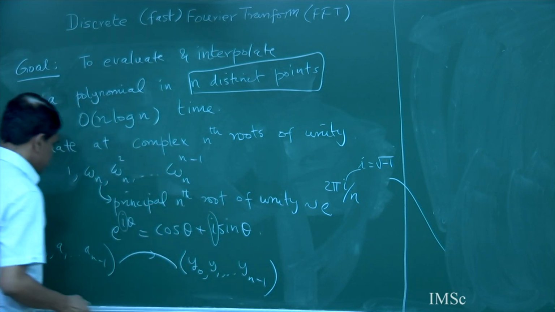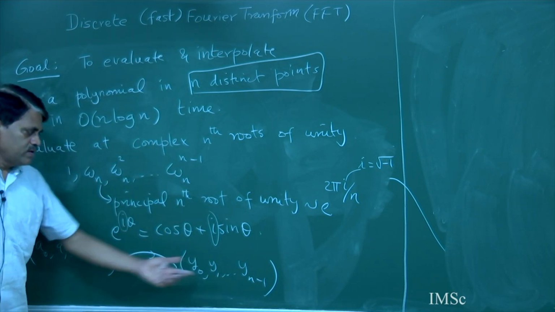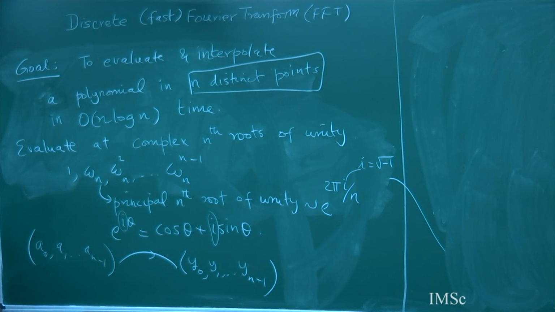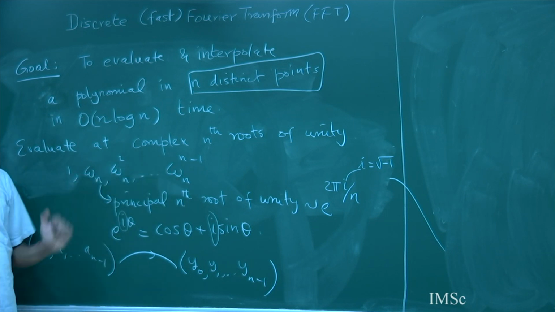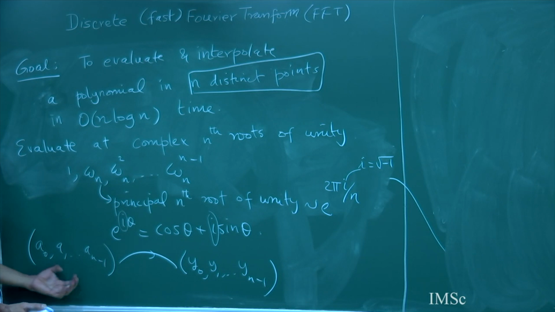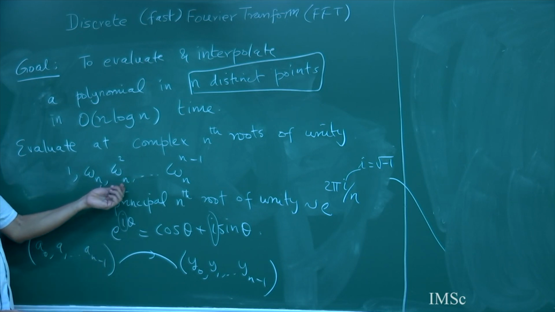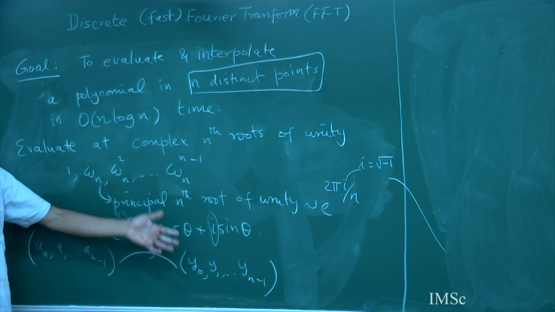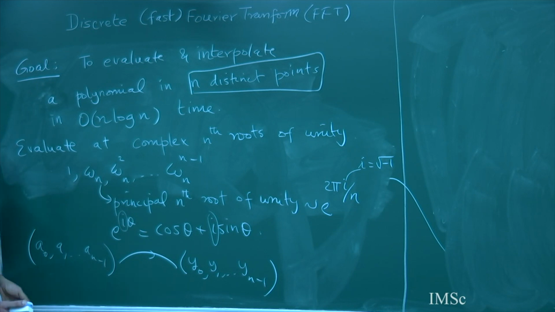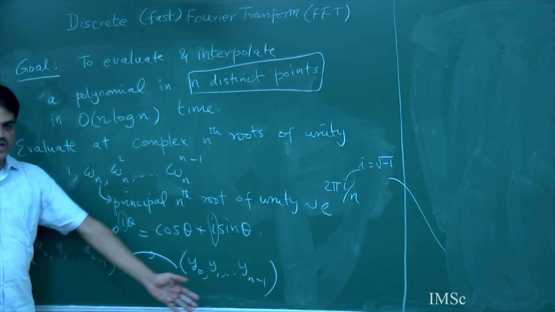And what are these? This is exactly the value, so yi is the evaluation of this polynomial at omega n power i. So it's transforming one vector into another vector.